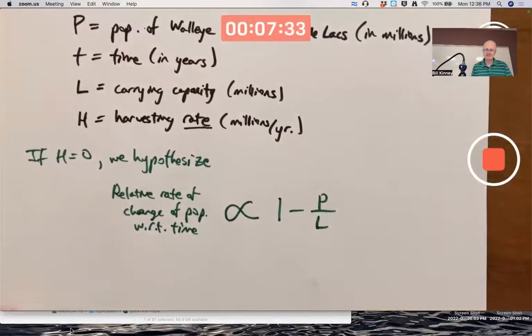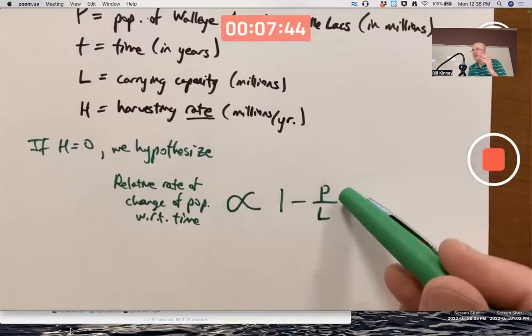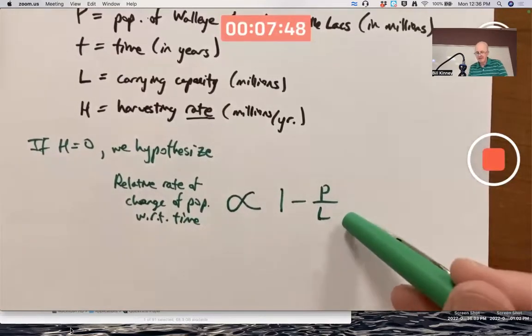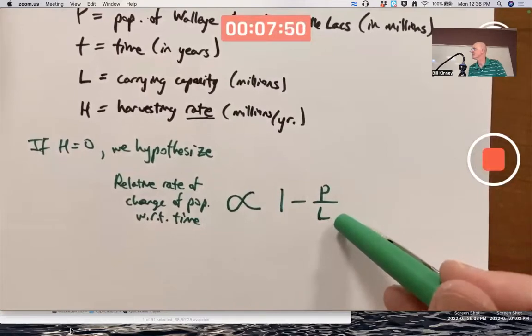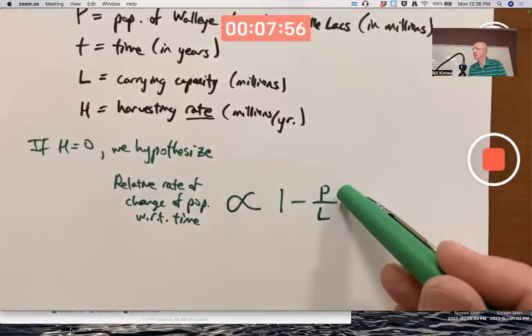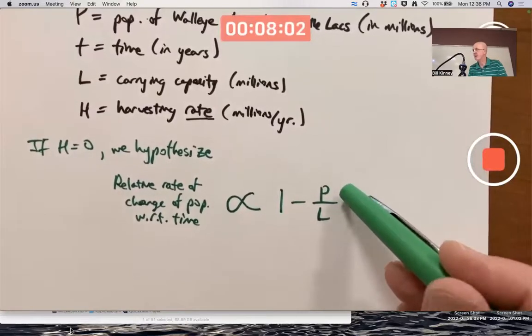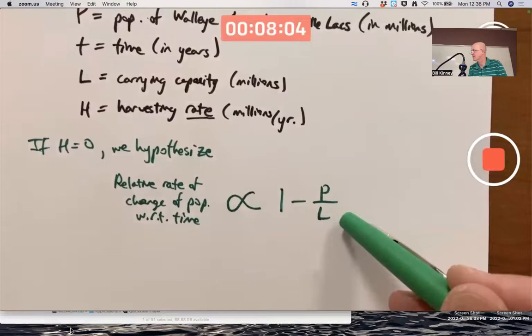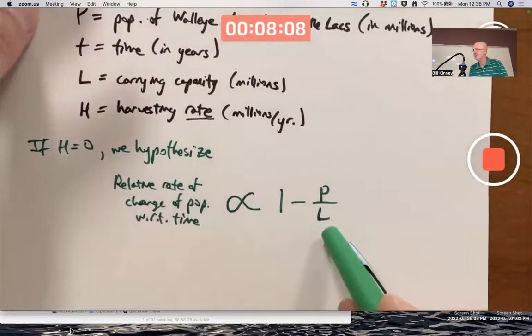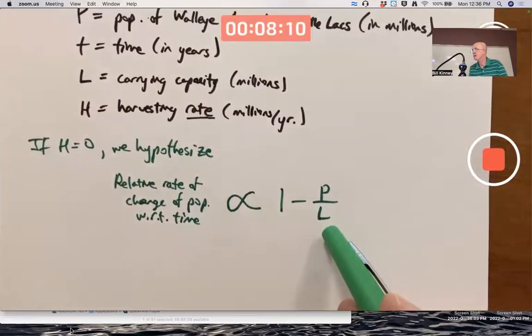Why does that make some sense? If the population is small, maybe L represents 10 million. So L is 10 in millions. And maybe the population is 100,000, which is small compared to 10 million. It would be 0.1 million. 0.1 divided by 10 is a small number, 0.01. If that population is small, then 1 minus a small number is close to 1.